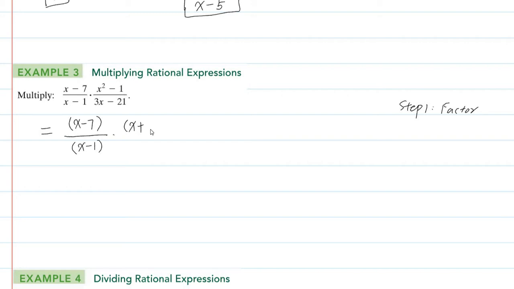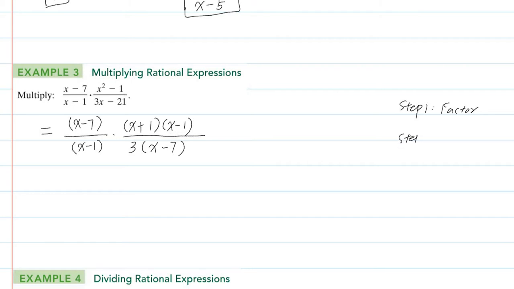So we're going to have x plus 1, x minus 1. That's how you factor this. Then that will be over 3x minus 21. We can factor 3 out. What's left over is x minus 7 right there. So that is step 1, factor.